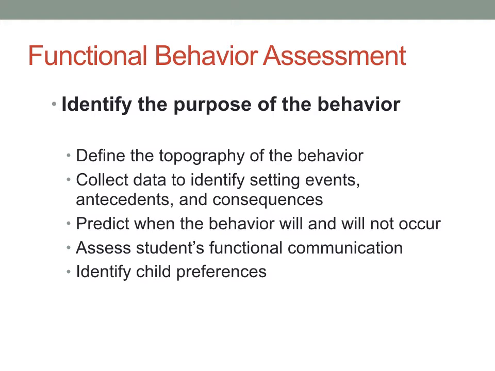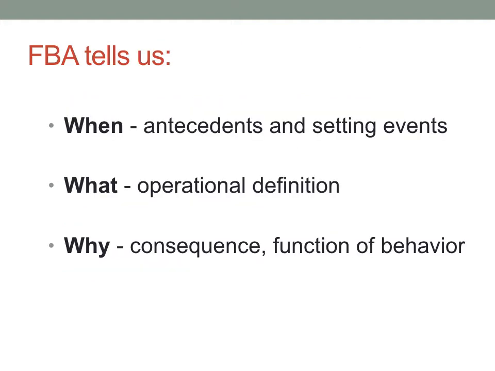You can predict when the behavior will and will not occur. You can also assess students' functional communication and the communication mode. You can also identify the student's preference. FBA tells us when the behavior occurs, how the behavior looks like, and why the behavior occurs.